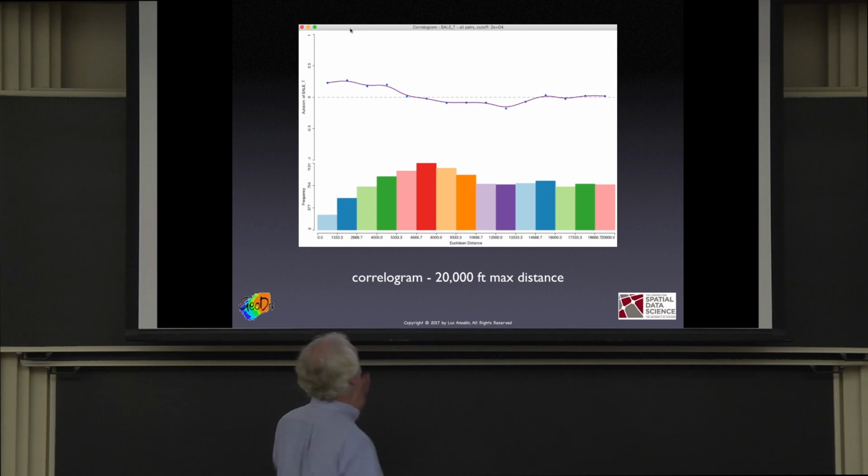For all practical purposes, once we cross the zero line, we can say that pairs of points further away from each other than that distance, which we call a critical range, are no longer spatially correlated. It's useful if you want to subsample points that are not spatially correlated. You just make sure that they're further away from each other than this critical distance range.